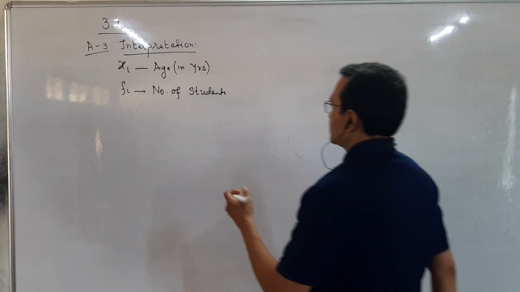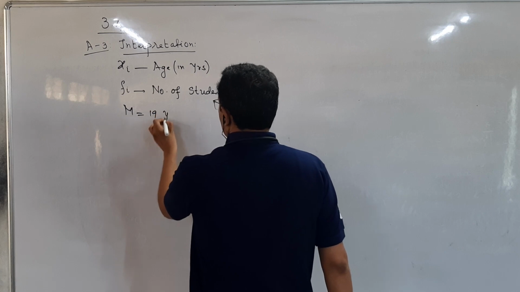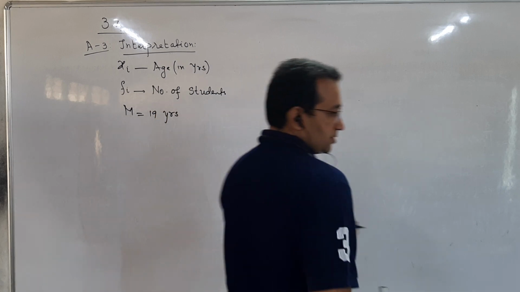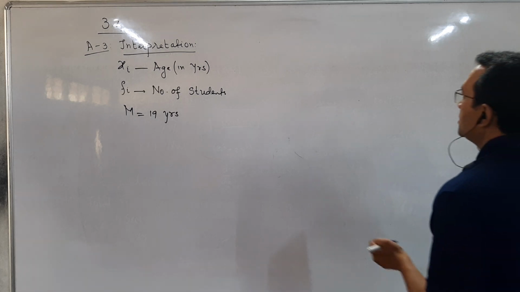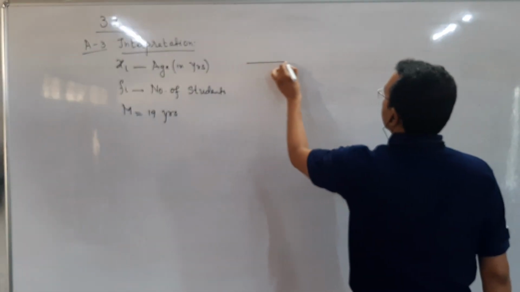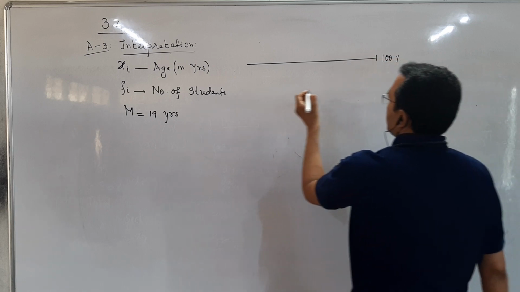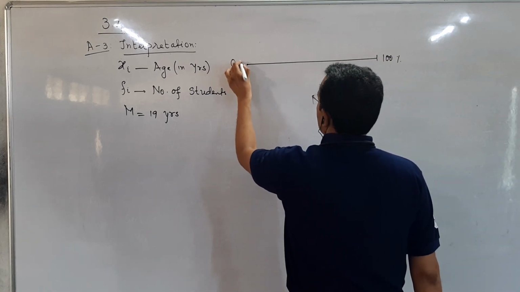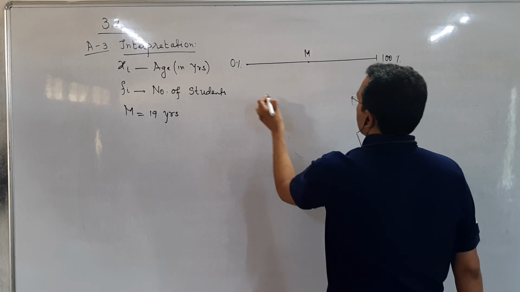Let me write all the answers. N is equal to 19 years. Then, one by one, students, all of you pay attention. In the line diagram, say this is 100% data, and say this is 0% data. This will be median.